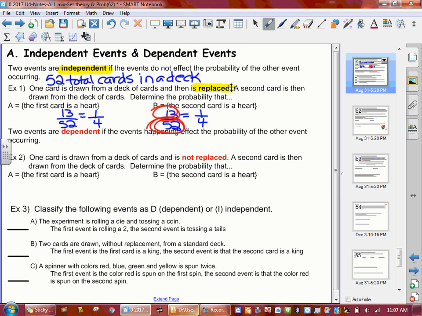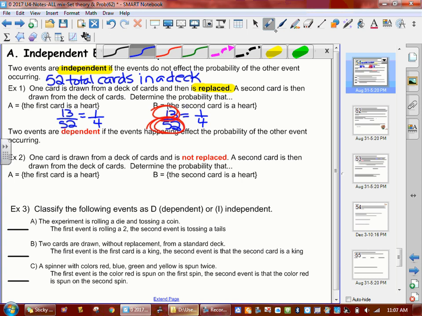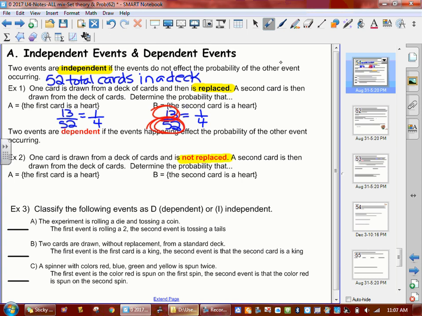But if I take a look at my second example, I didn't put my card back. I'm not replacing it. And that's a huge keyword here: not replace, matching dependent events. So you're going to pick a card out and check to see if it's a heart. Well, we just said that there are 13 in 52 hearts. That means a 1 in 4 shot of picking a heart.